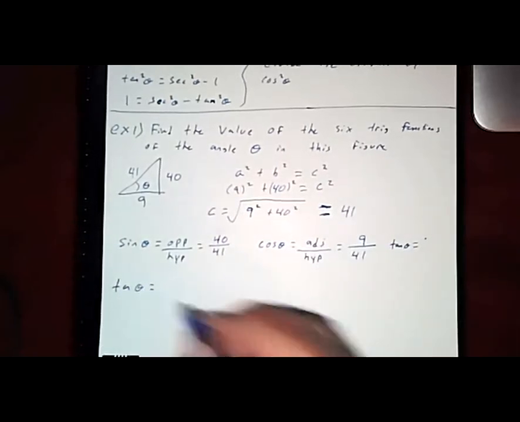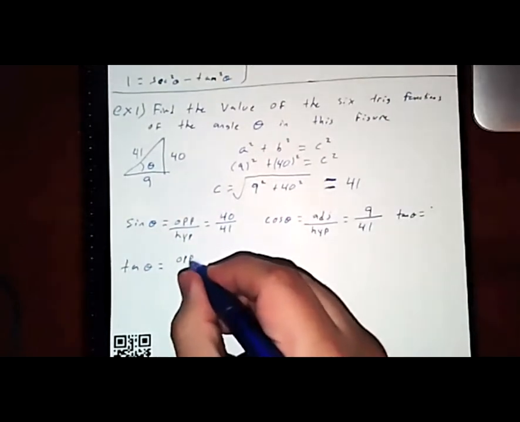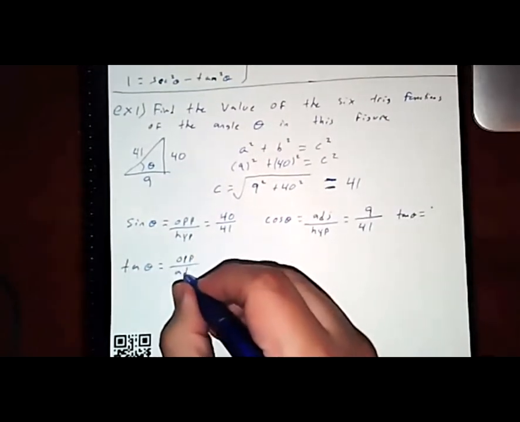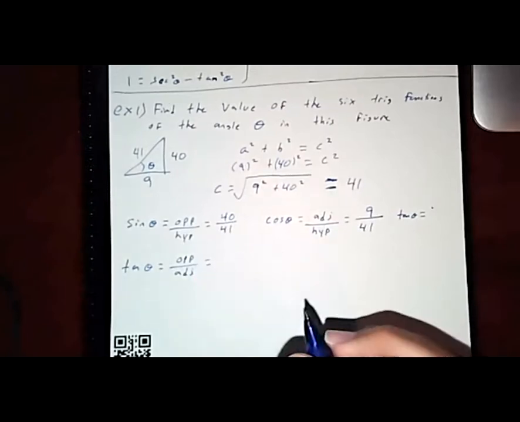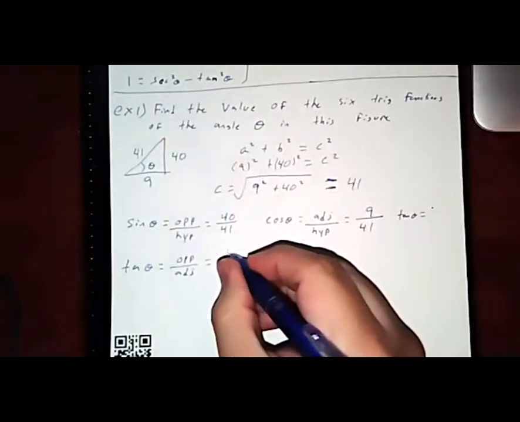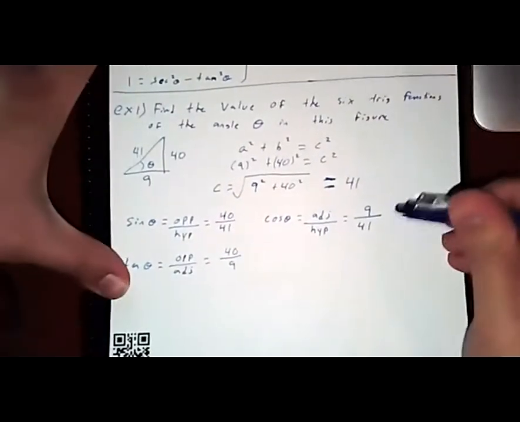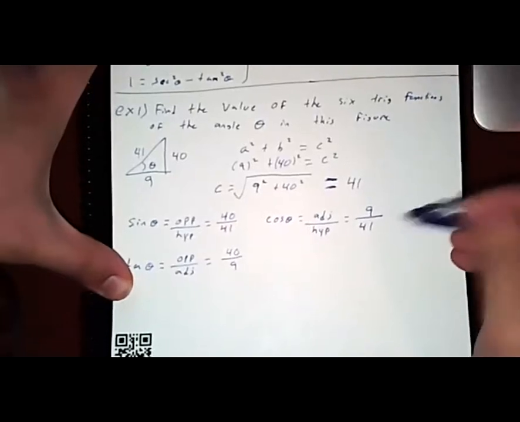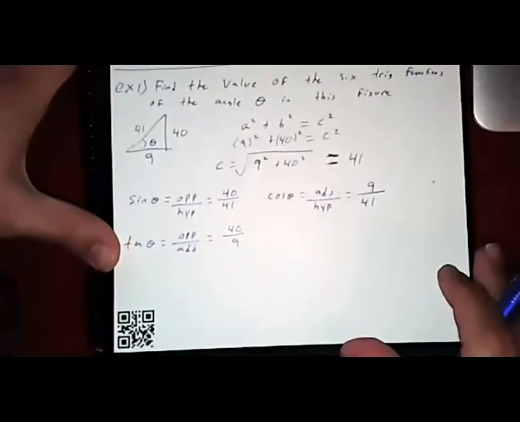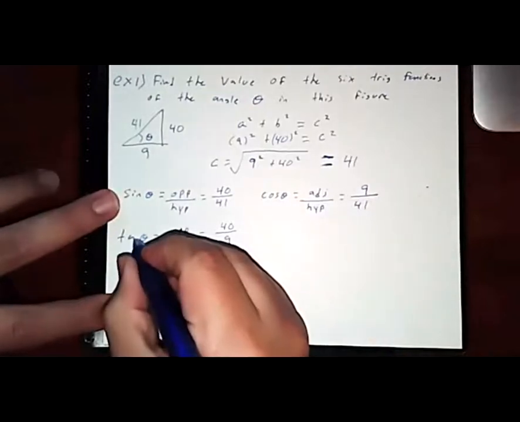Tangent theta is equal to opposite over adjacent, which is equal to 40 over 9. Okay. Alrighty.